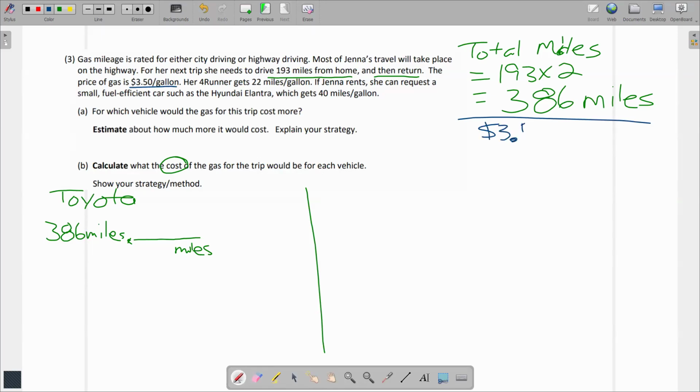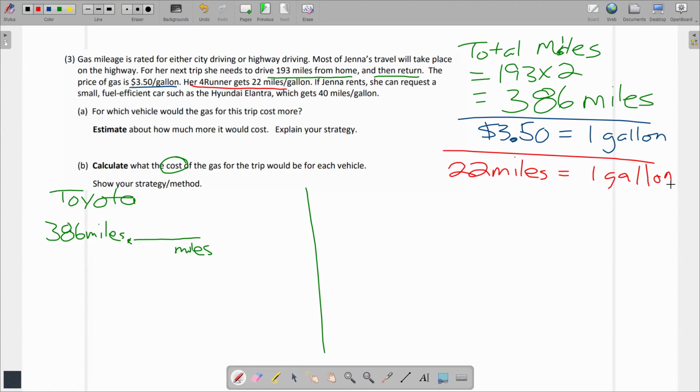So $3.50 is equal to 1 gallon. I'm going to write it that way. And then the Forerunner, which is the Toyota I'm on now, gets 22 miles per gallon, which means for the Toyota, 22 miles is equal to 1 gallon.